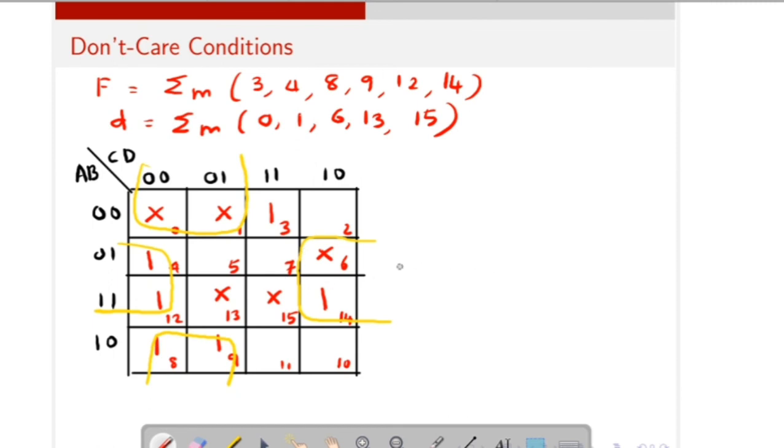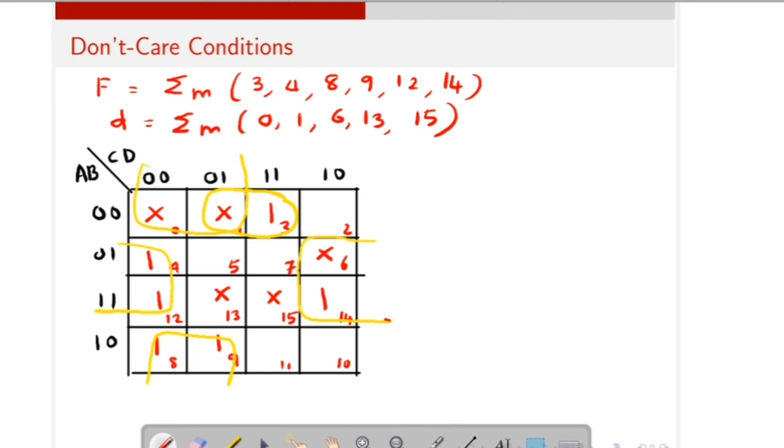So we get two quads, and to pair this one we take a don't care, so we get a pair. Okay, so here we group all the ones, but here we have two don't cares that are not grouped, so it is not necessary to group all the don't cares. We take only those don't cares that are needed for grouping with 1.